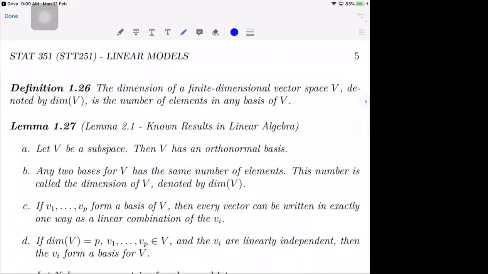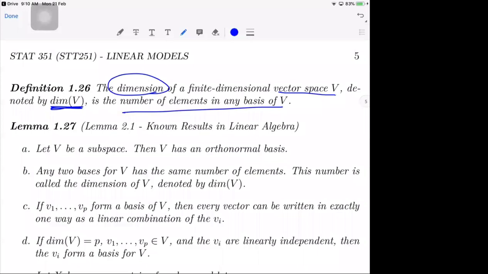Another term is the dimension of a vector space V, which we denote by dim V, or the dimension of V. This will be the number of elements in any basis of V. So the dimension of V is the number of elements of the basis.